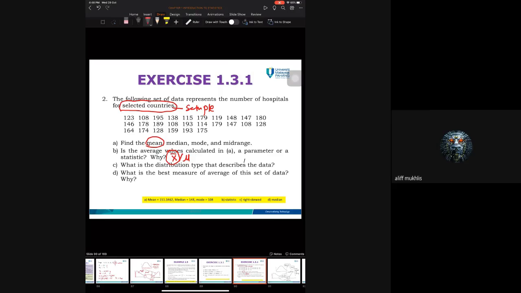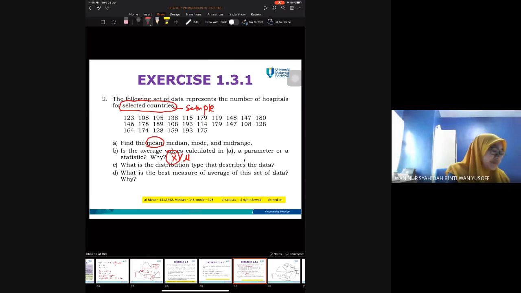This is your variable. Variable is denoted by X; usually we use capital X to represent a variable. Variable is very important when we go to chapters 2 and 3 later, so it is best if you know how to identify the variable starting from chapter 1.